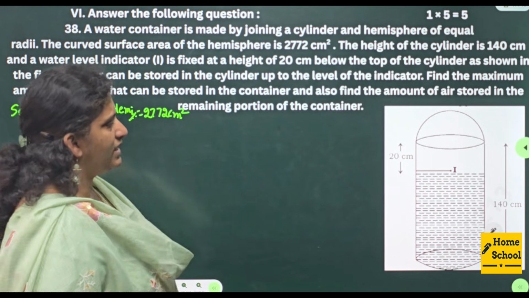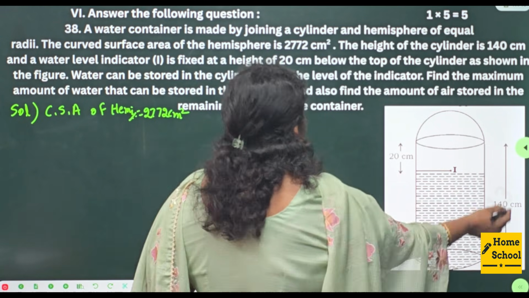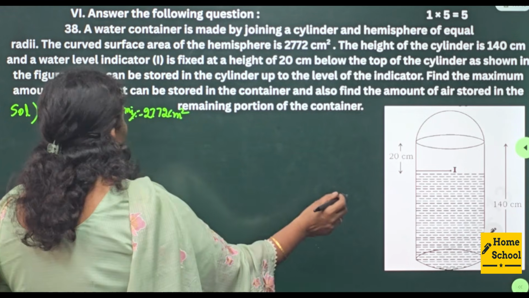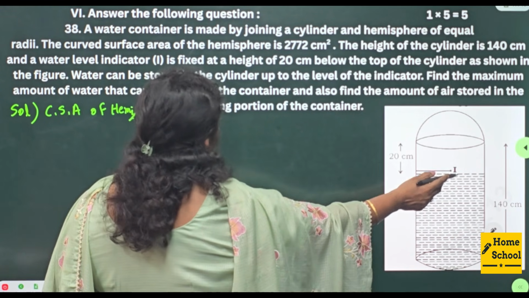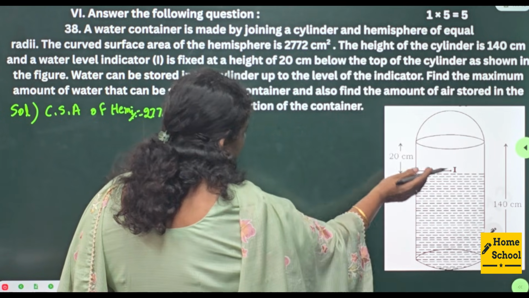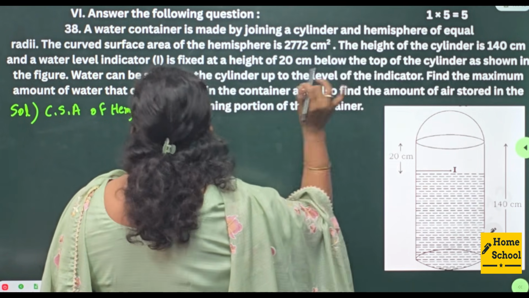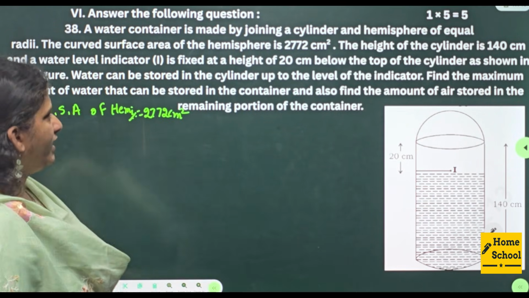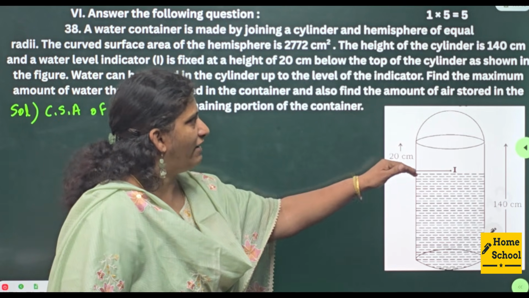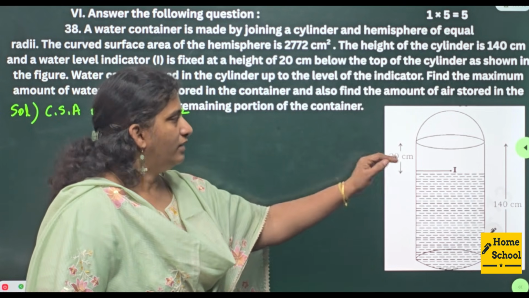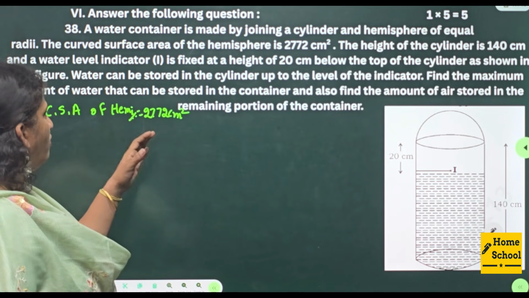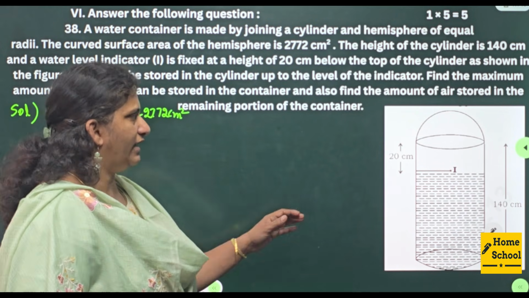The height of the cylinder is 140 centimeter and a water level indicator is fixed at a height of 20 centimeter below the top of the cylinder as shown in the figure. Water can be stored in the cylinder up to the level of the indicator. Find the maximum amount of water that can be stored in the container.